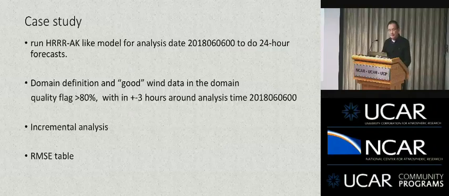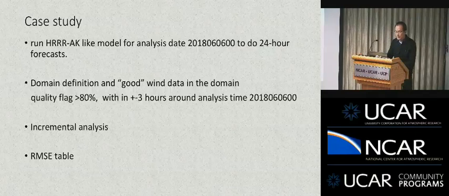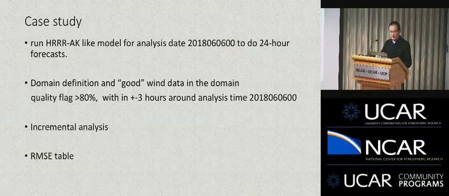In the case study, we run the HRRRAK-like model to do a 24-hour forecast for 2018 June 6th at 00 UTC. And here I show you the domain definition and the good data in the domain.